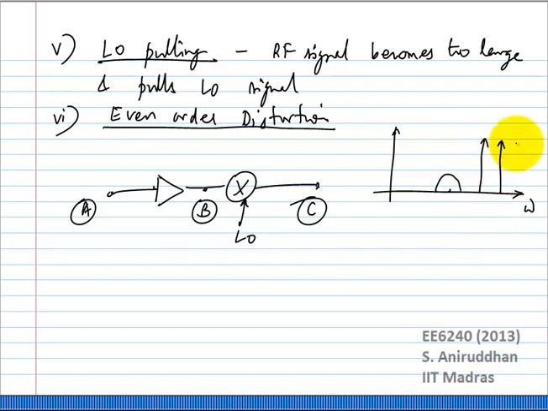And apart from that, I have two large interferers at some omega 1 and omega 2. Okay, so if you have even order distortion in the receive path, what happens is maybe at B, so this is at A, okay.